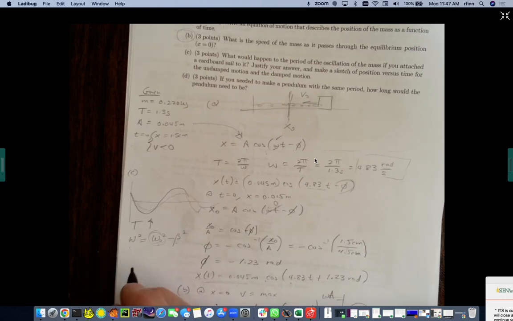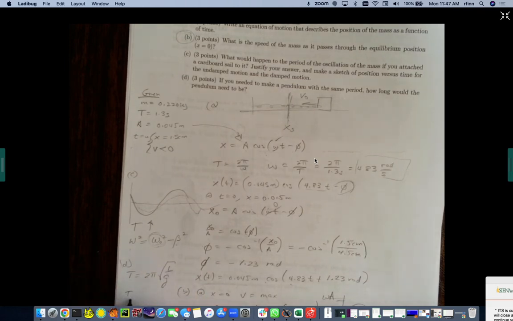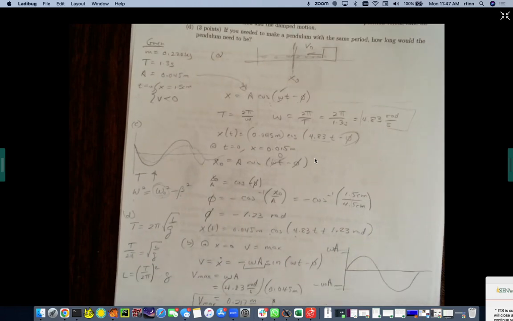Okay, and then if you need to make a pendulum with the same length, T for the pendulum is 2 pi square root of L over g. So T over 2 pi is the square root of L over g. L is T over 2 pi, squared, times g. So plug in again, our period is 1.3 seconds, acceleration of gravity is 9.8.